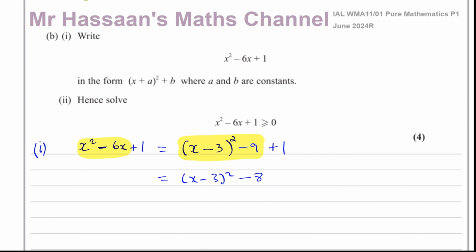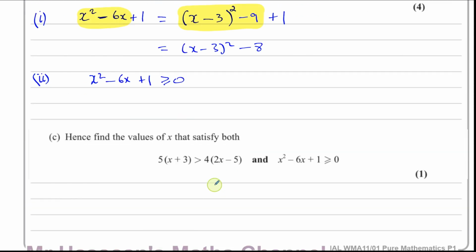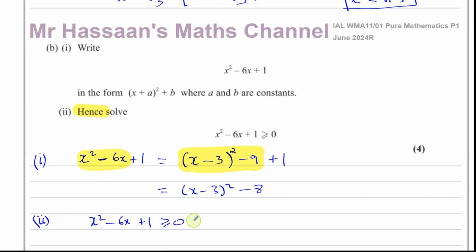Then it says hence, and here we have a very important word, hence. Solve the inequality. So now part 2, we need to solve the inequality x squared minus 6x plus 1 is greater than or equal to 0. So how do I solve this inequality? Okay, let's have a look.